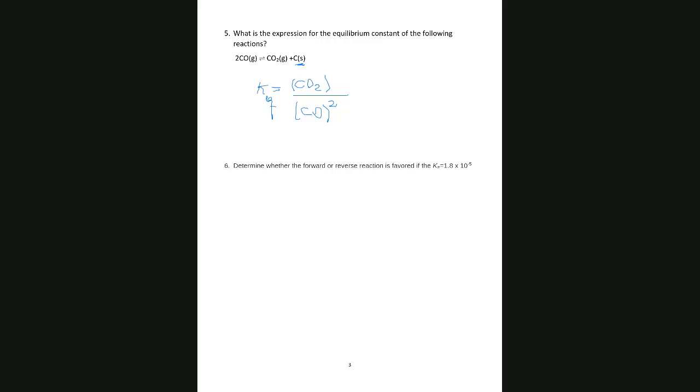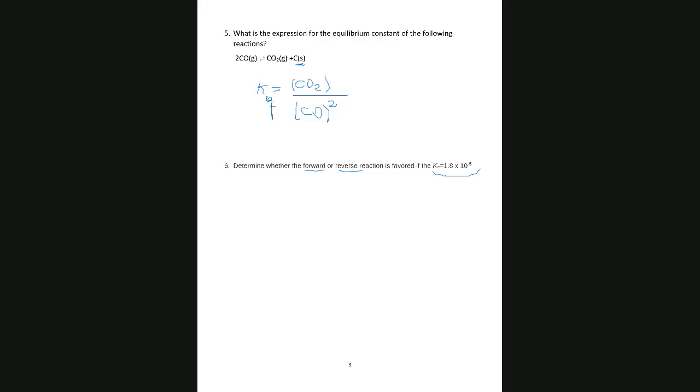And the last one, I wanted to do it because there is a similar problem also there. It says, determine whether the forward or reverse reaction is favored in this equilibrium constant. We know that the equilibrium constant is a positive number. It's a value. It's a positive number.